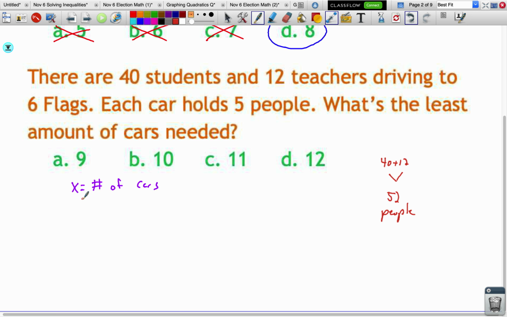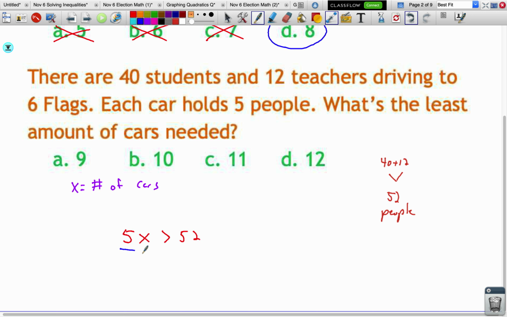So if I take the number of cars and multiply it by 5, so 5x, I'll get the number of people that are riding in the cars. All right, what's the least amount of cars needed? So we want this amount here to be greater than the 52 people that are coming.